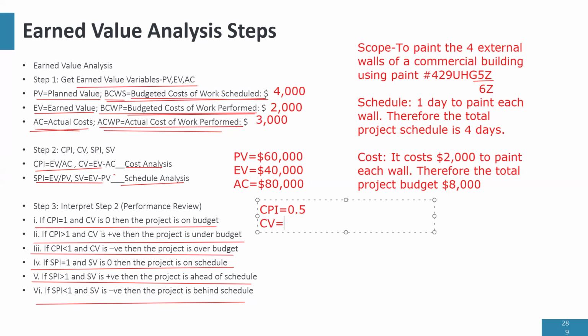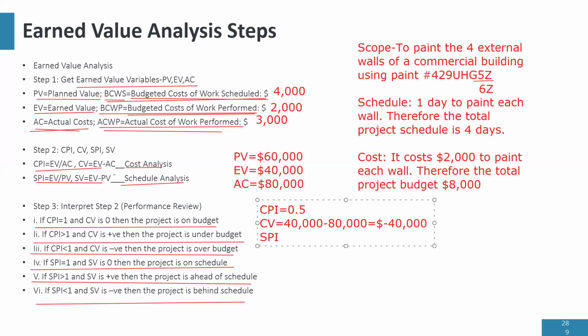CV is EV minus AC. That's $40,000 minus $80,000. That gives me minus $40,000.